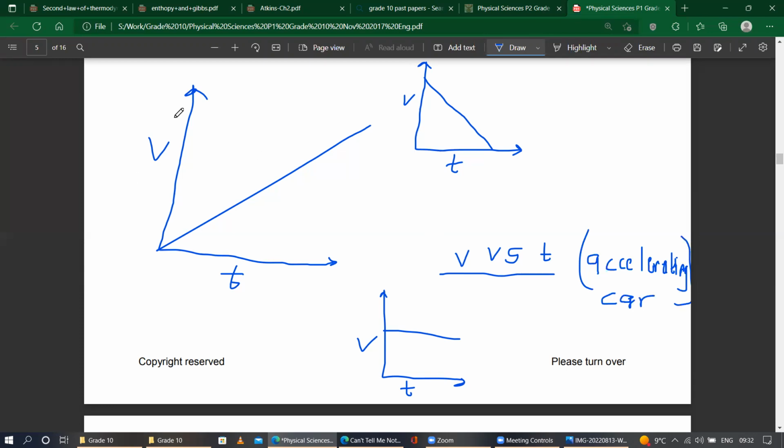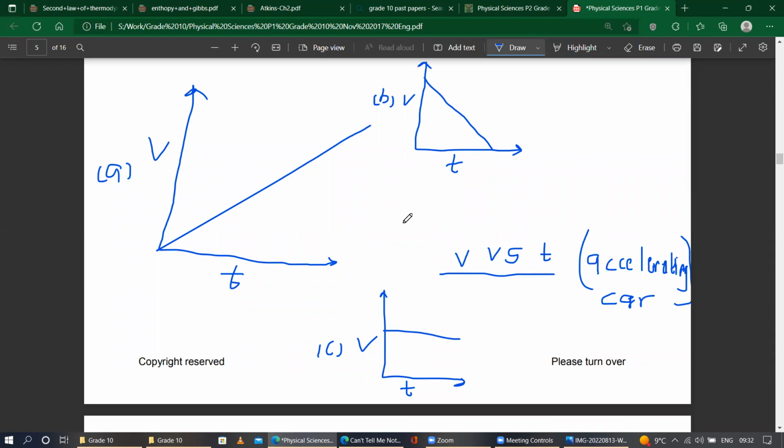Which one? Let's say A, B, or C. Is it B? Either B or A.